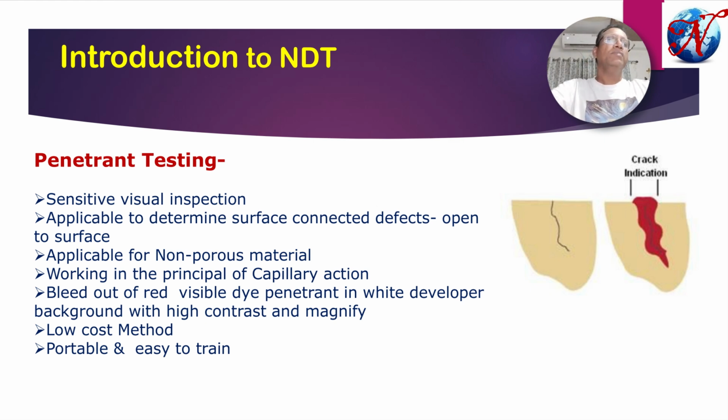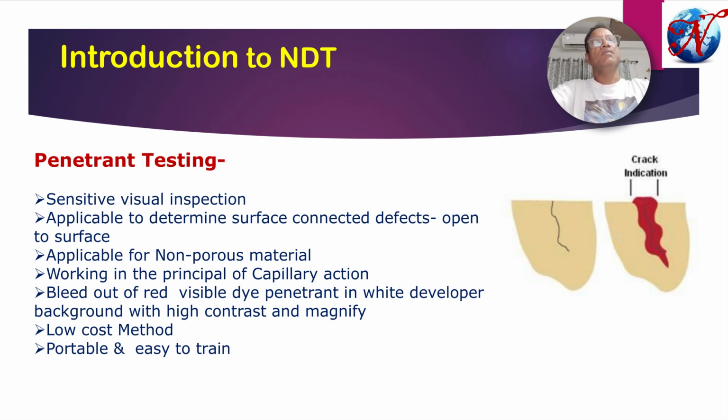The purpose of the developer is to blot the penetrant entrapped in the defects. After the development time, when the developer has dried, it will absorb or blot the entrapped penetrant, and the bleed-outs of the penetrant can be identified in a slightly magnified way.